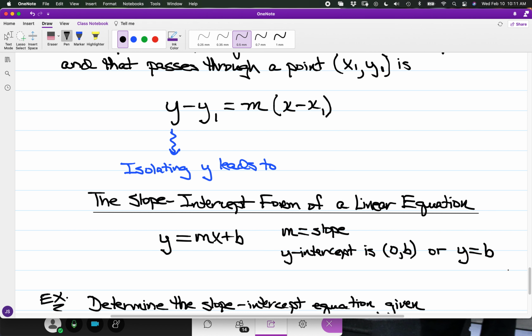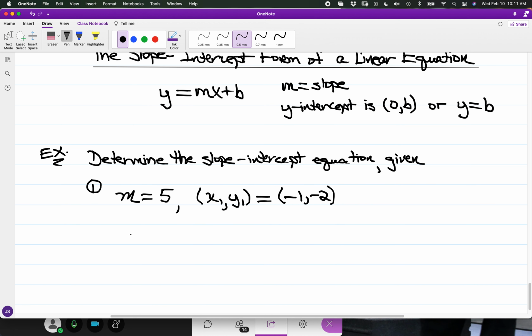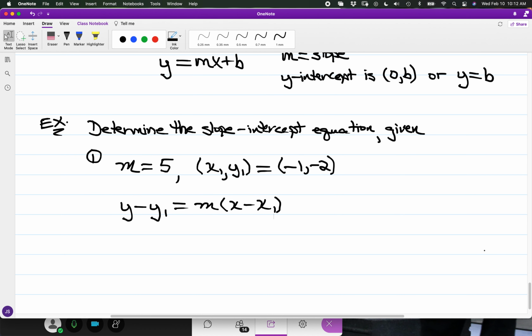Again, we're going to start out with the point-slope formula. So you have y minus y1 is equal to the slope m times the quantity of x minus x1. And if we take direct substitution, with y minus y1 we have y minus -2 equals m, which is 5, times the quantity of x minus x1, which is -1.